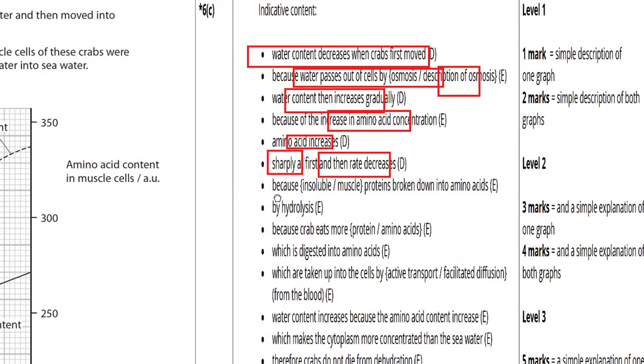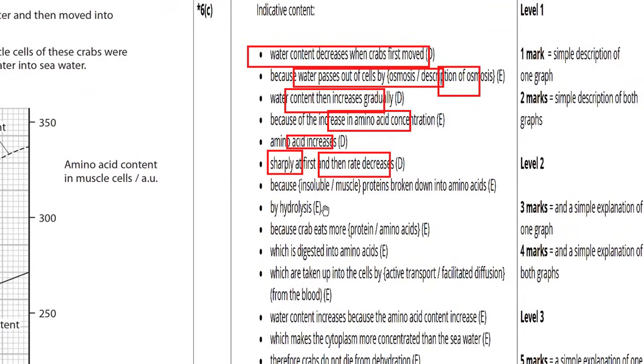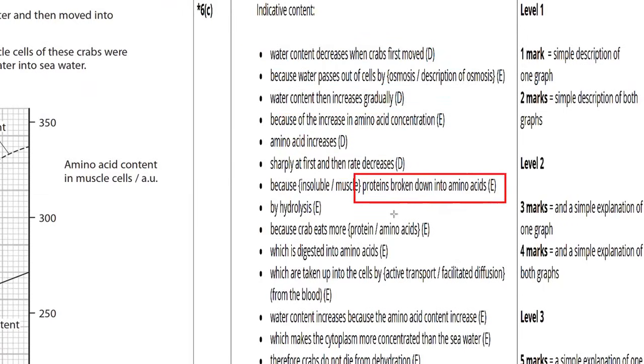And then you can talk about the explanation part here. Muscle proteins are being broken down, it's fine, by hydrolysis, giving more amino acids, or the crab is eating more proteins that are going to be digested into amino acids, which will get into the cells, whether by active transport or facilitated diffusion from its blood.